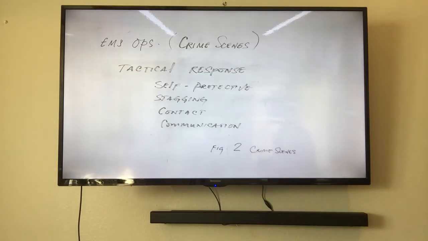Remember, a self-protective posture would be to shield and protect yourself, and to stage and minimize any radio traffic communication so that you're not providing information to a hostile environment where you could be a possible target in these responses to crime scenes.